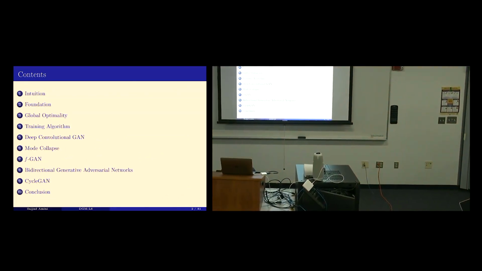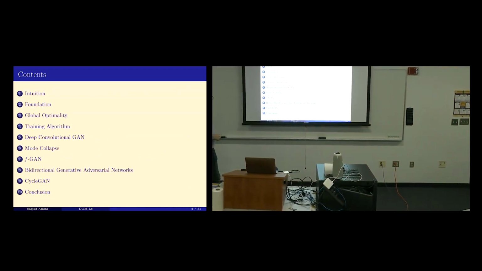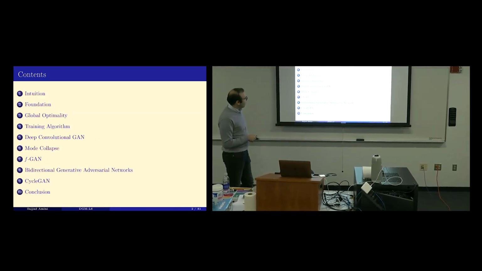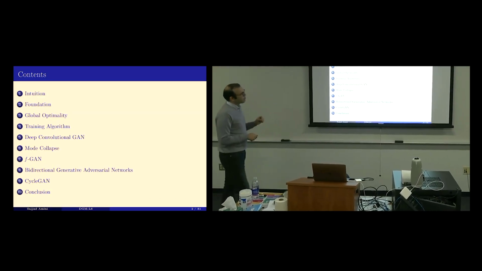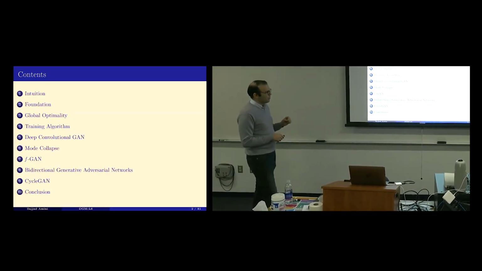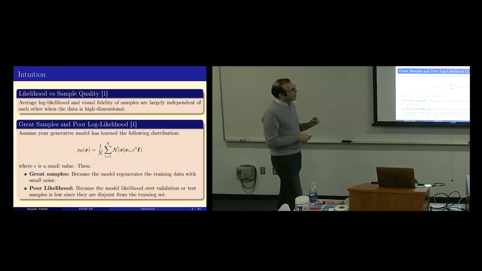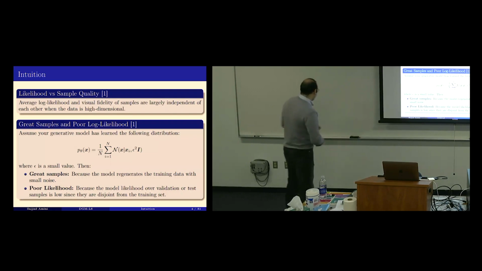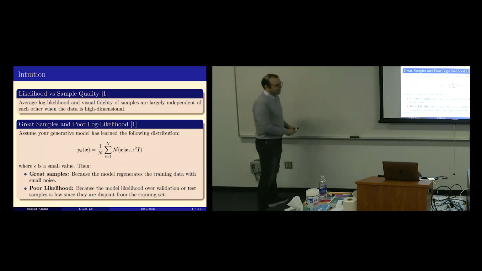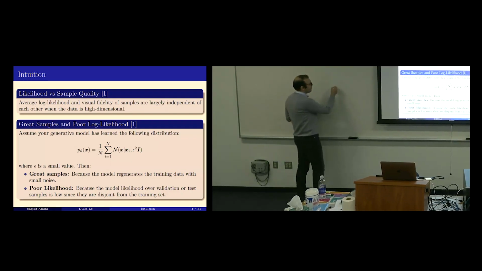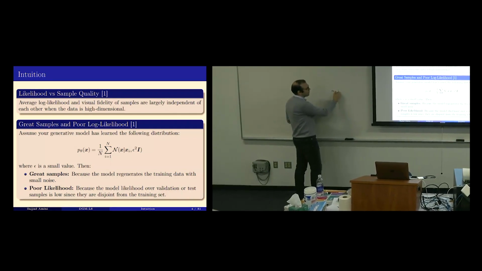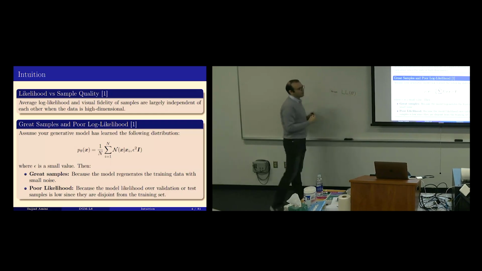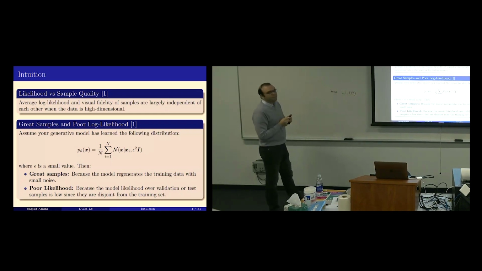In the GAN part, we talk about this. Our outline is, as you can see here, but the most important part is the intuition behind GANs. Till now, we generally talked about the idea that maximizing the likelihood as a function of the model parameters is a great idea to fit the model.